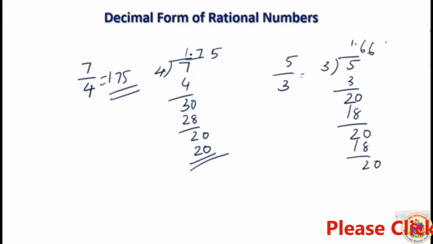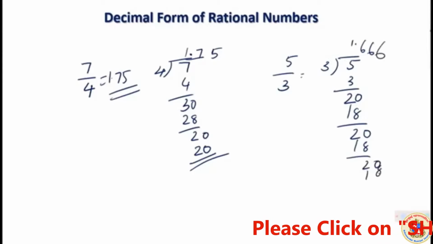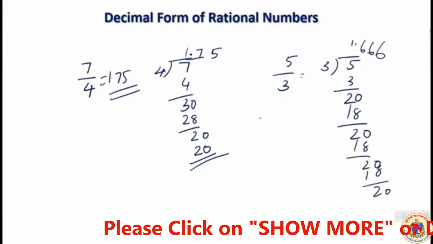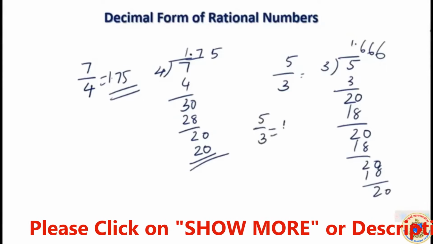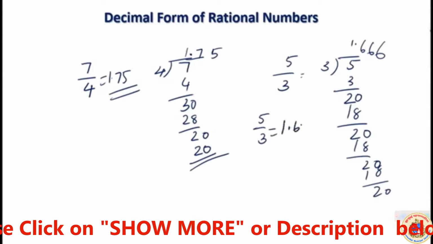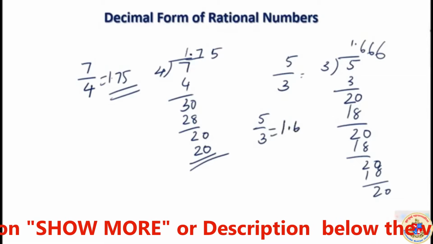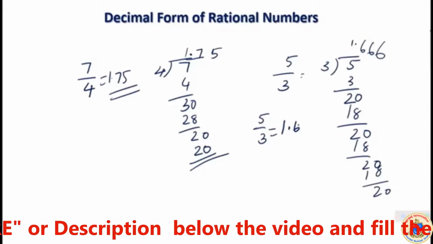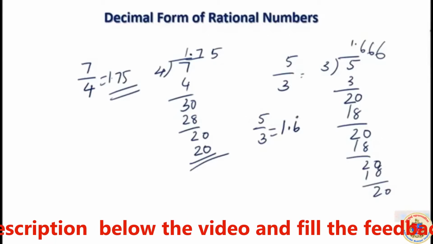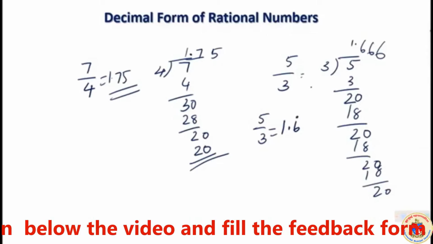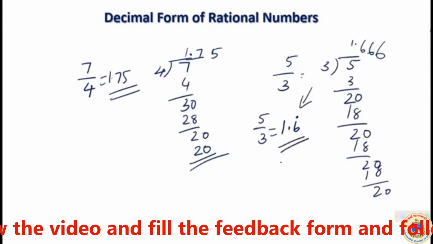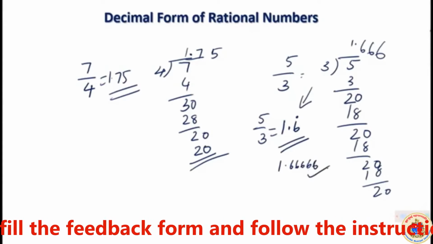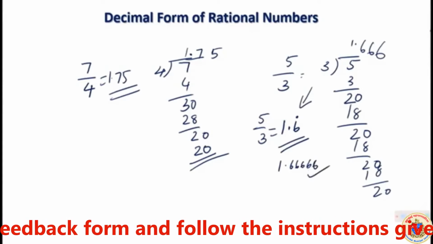What is happening? This is not going to end. So we will write 5 upon 3 is equal to 1.6. How many 6s to put? There was a condition that if it is more than 5 you can write 6, 7 and stop, but if it is told to finish in 2 decimals, that is not the case here. You have to put a dot here. Look at this dot. It tells us that it goes on as 1.6666.